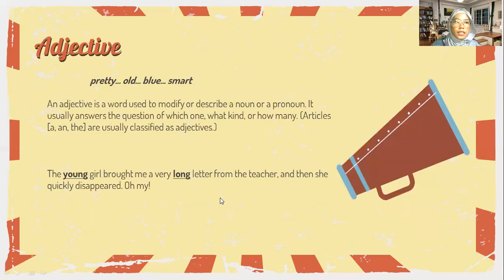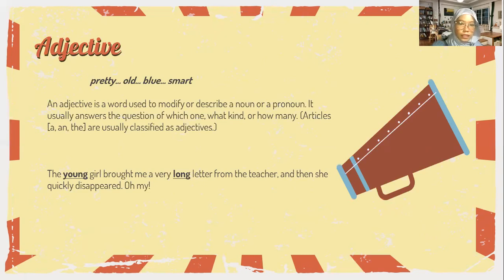Next is adjective. An adjective is a word used to modify or describe a noun or a pronoun. It usually answers the question of which one, what kind, or how many. Articles are usually classified as adjectives. So the article is part of the adjective.